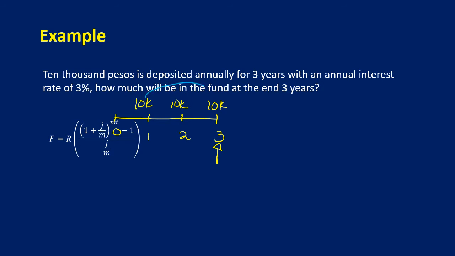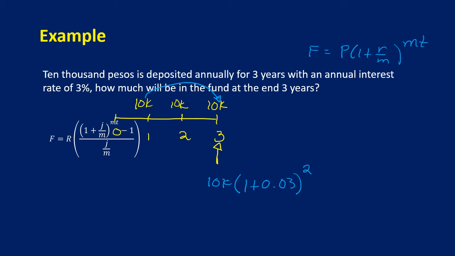So first, your 10,000 invested at the end of the first year will earn interest, right? So that's 10,000 times 1 plus 0.03, which is your rate, raised to 2, correct? I'm just using the formula for compound interest. But since it's just compounded annually, your m is 1.